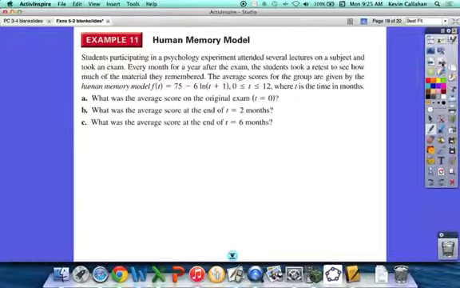The model means it's a mathematical equation that's supposed to represent this. So here's the human memory model. F of t equals 75 minus 6 ln of (t plus 1). What is this thing afterwards? 0 less than or equal to t less than or equal to 12. It's kind of like when we did the piecewise functions.